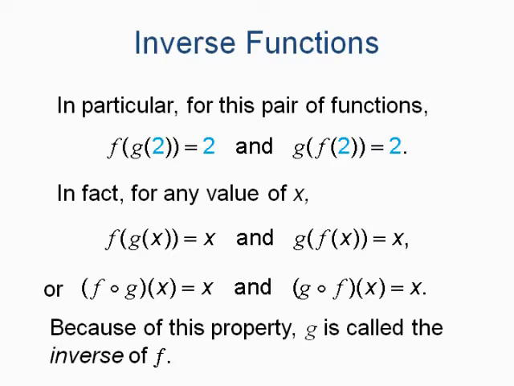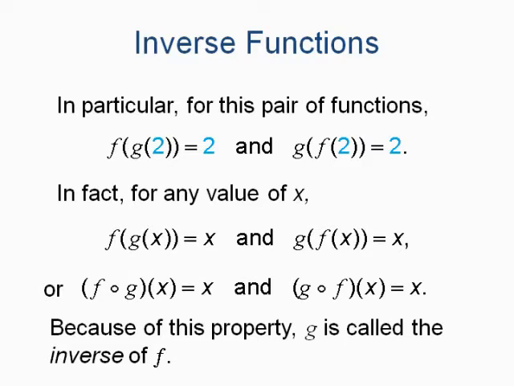So in particular, for this pair of functions, f of g of x, the composite function gives us x, and g of f of x gives us x. And this is the algebraic test for inverses we're looking at now.